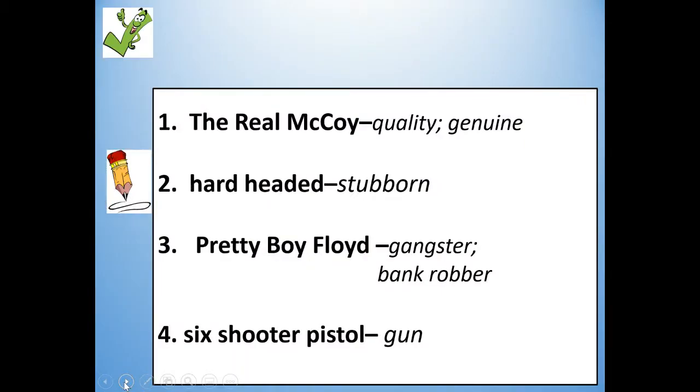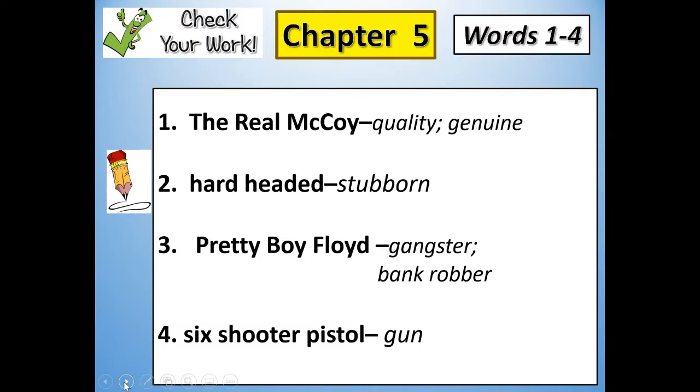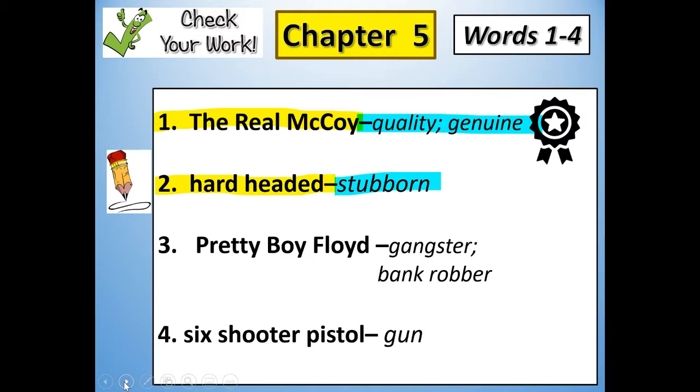All right, let's check your work. For chapter 5, words 1 through 4, number 1 was the real McCoy. And what is the real McCoy? Quality or genuine. You could write either one of those words. Number 2, hard-headed, stubborn.